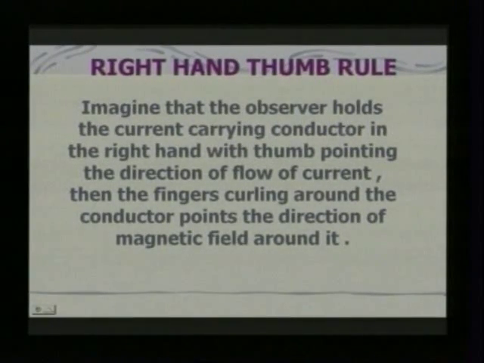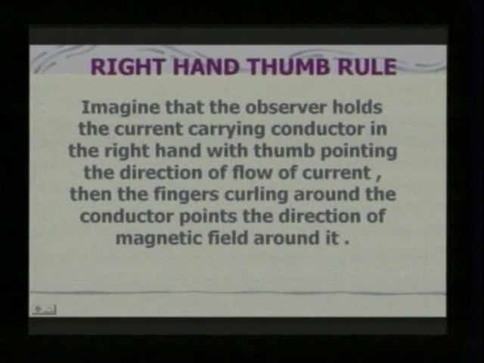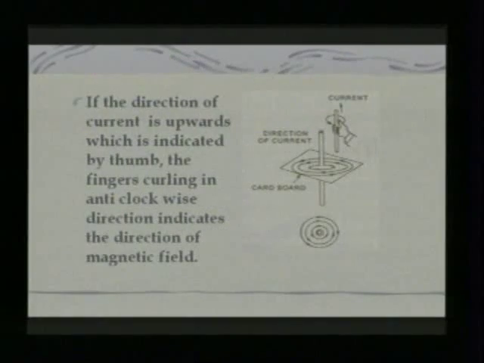Then the fingers curling around the conductor point the direction of magnetic field around it. Now we consider the first case of right hand thumb rule.